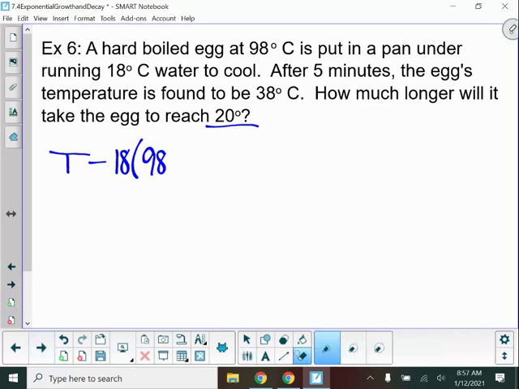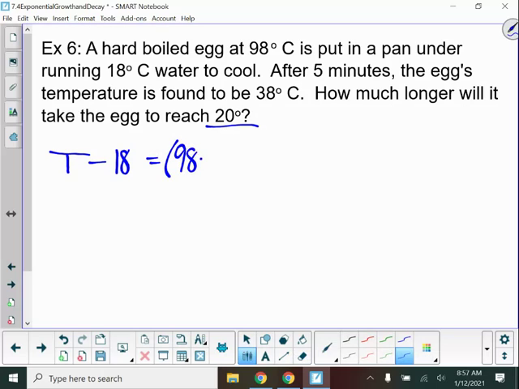The initial temperature is 98, and that's going to be times e to the negative kt power. This is really the equation that I am going to be plugging the 20 in for, as capital T. But I can't do that until I know my K value. But I can use the 38 degrees as my capital T, and the 5 minutes as my little t, to solve for K.